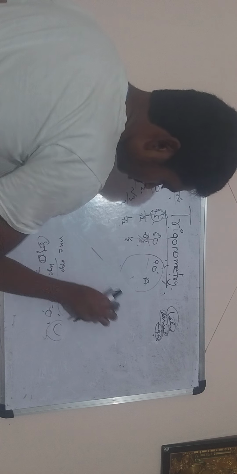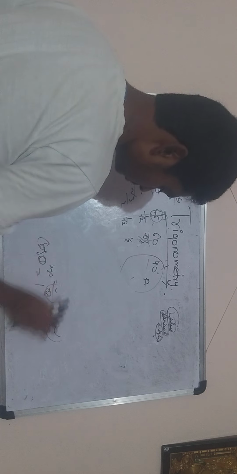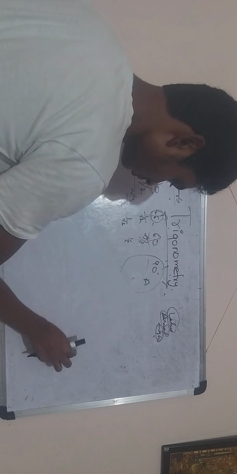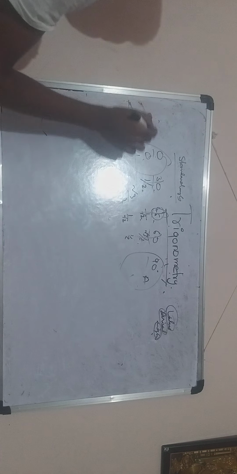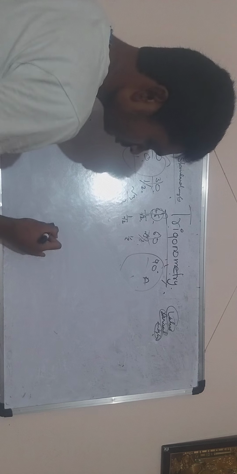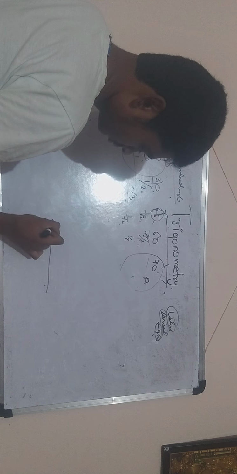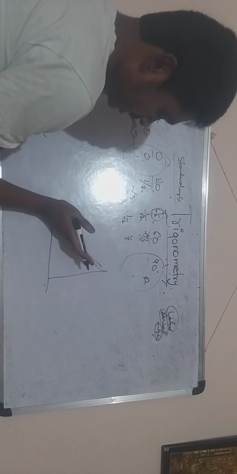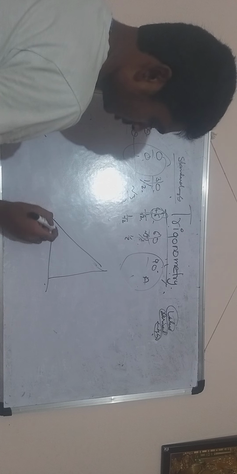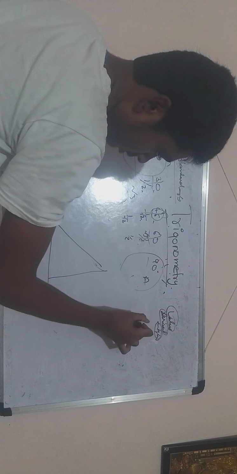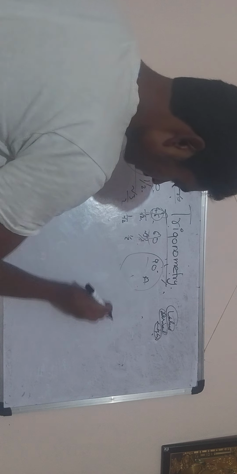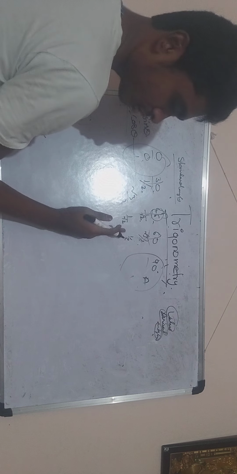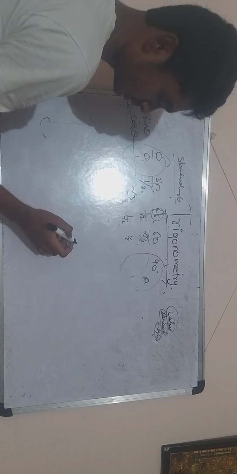So similarly 90 degrees. Sine 90 is going to be like this. When we keep on increasing the angle, for sine 90 degrees we need to keep on increasing the angle between the hypotenuse and the adjacent side.